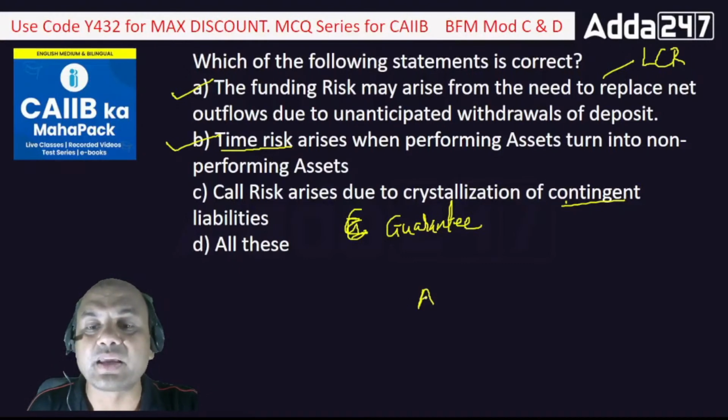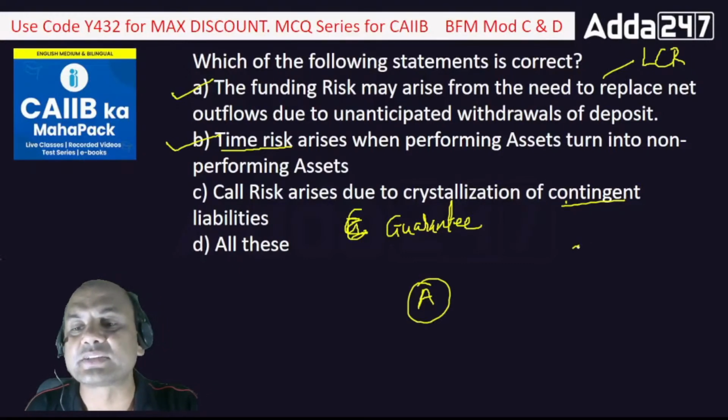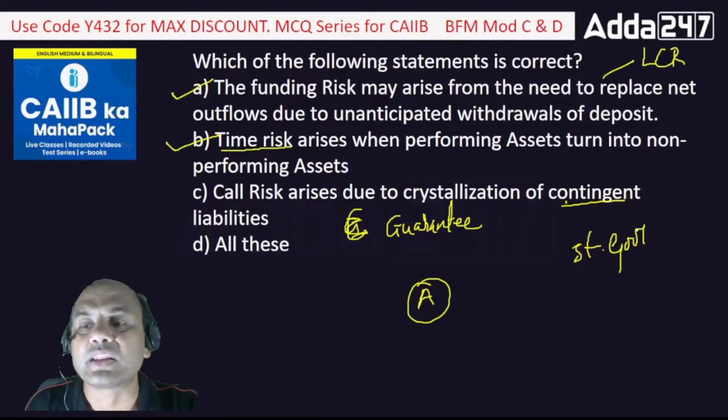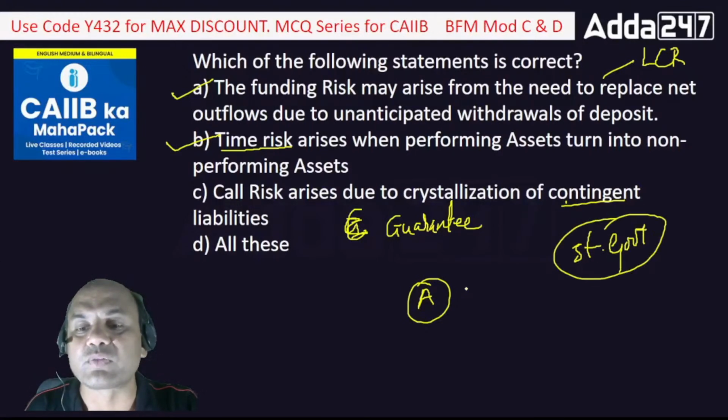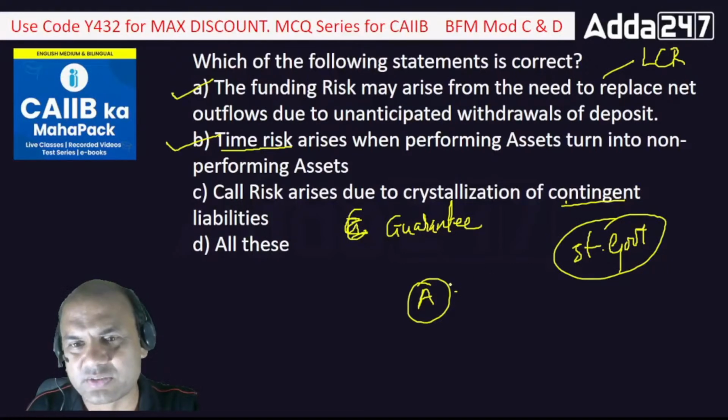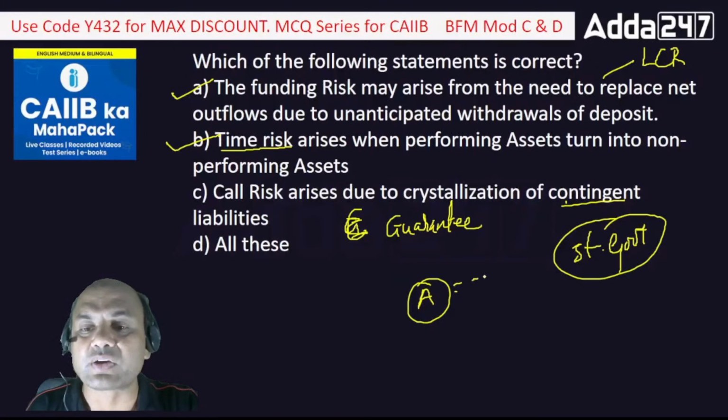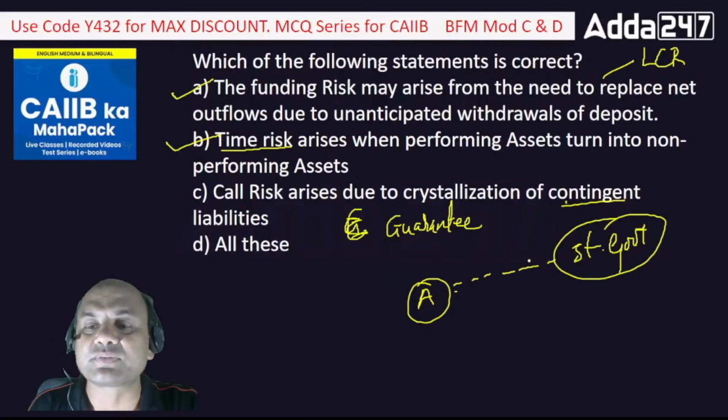This is my customer A, and this is, let's say, the state government. Customer A is a contractor who wants to build a bridge for the state government, but the state government asks for a guarantee, so I give the guarantee on behalf of A.